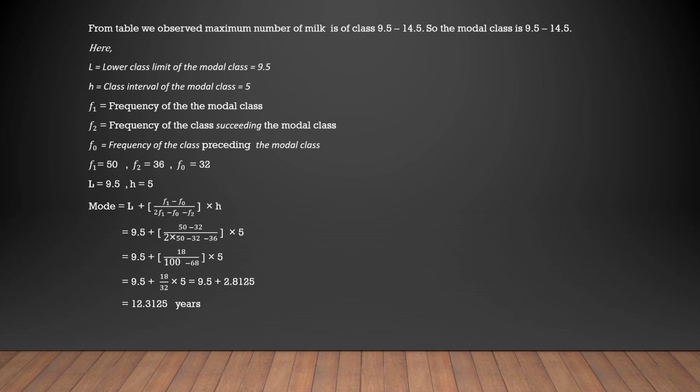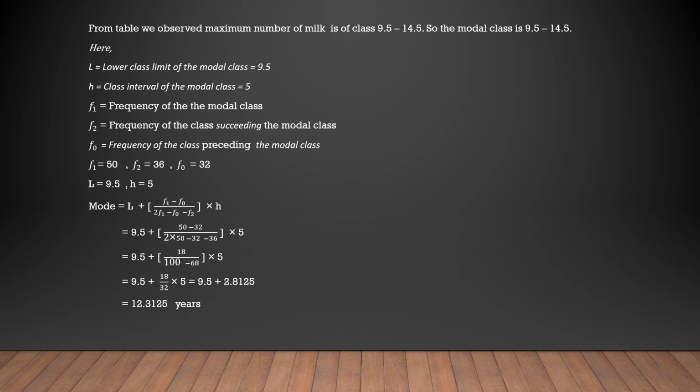So the value of L is 9.5, and f1 minus f0: f1 is 50 and f0 is 32, so 50 minus 32. 2 into f1: f1 is 50, 2 into 50 minus f0 which is 32 minus f2 which is 36, into 5.